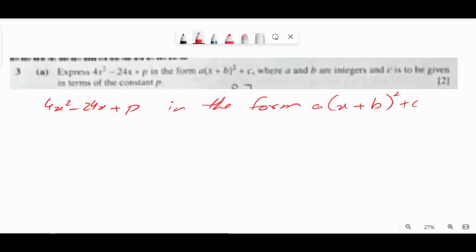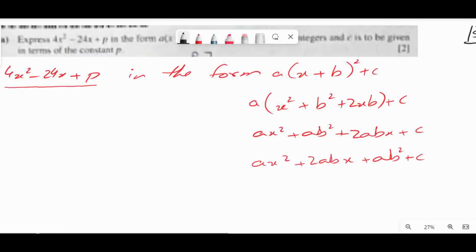There are two methods to solve this one. The first is to simply perform the completing square and then compare the two. The other way is to expand this first and then compare the coefficients. Now let's see: a(x + b)^2 gives ax^2 plus 2xb.